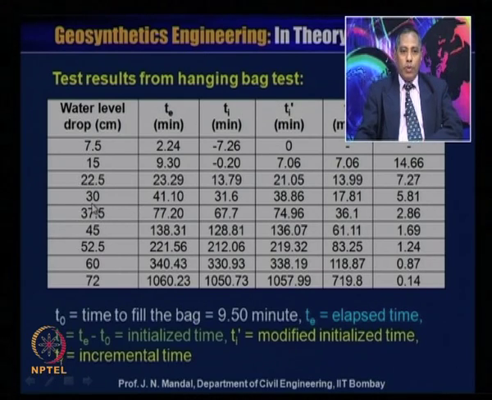When the water level drops 30 centimeter, the elapsed time is 41.10 minutes. When it drops 37.5 centimeter, the elapsed time is 77.20 minutes. At 45 centimeter, the elapsed time is 138.31. At 52.5 centimeter, it is 221.56 minutes.